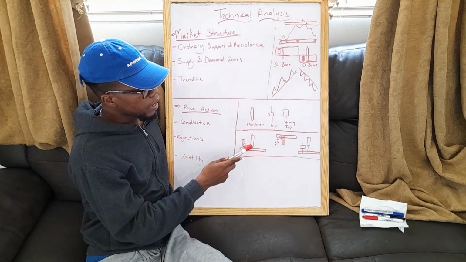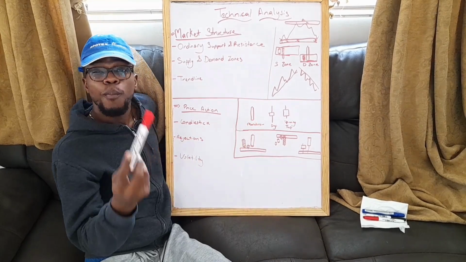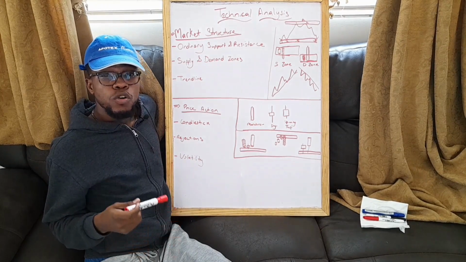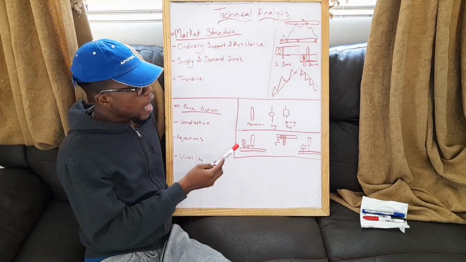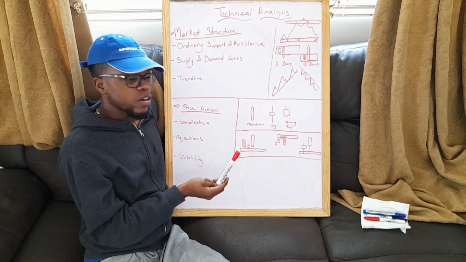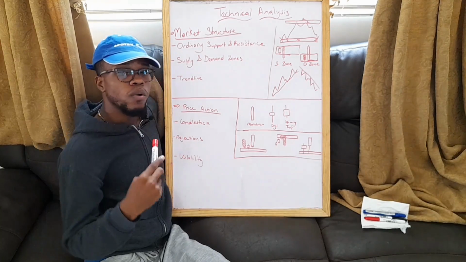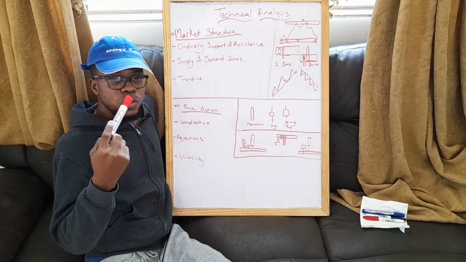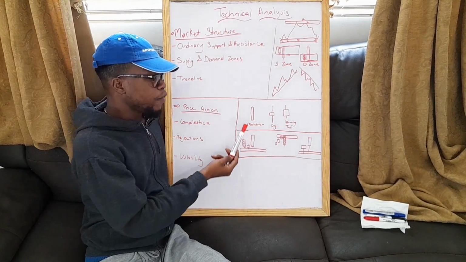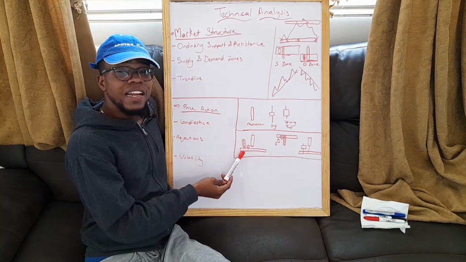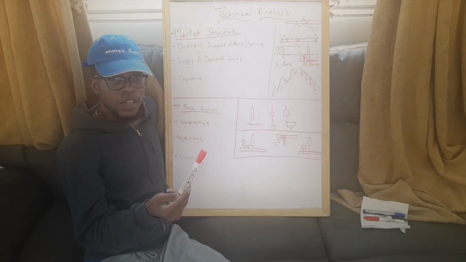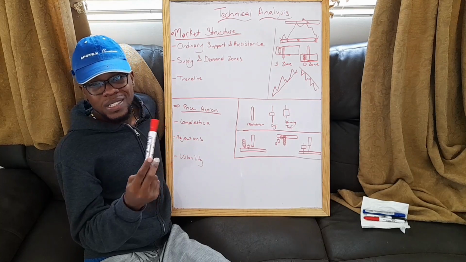Then upon seeing a marubozu candle pushing the market upwards, you could say, alright, this could be a possible trend reversal. This is high momentum pushing the candle upwards, so we're no longer in a sell or a downtrend. We could possibly be in an uptrend now. The rejection at levels shows you a lot. The formation of the candlesticks at the level shows you a lot of information. You just need to understand what it is telling you.